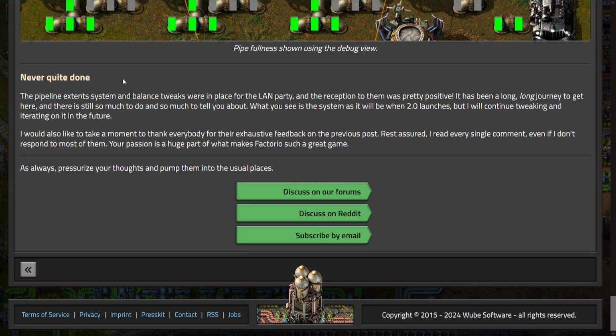It has been a long journey to get here, and there's still so much to do and so much to tell you about. What you see is the system as it will be when 2.0 launches, but I will continue tweaking and iterating on it in the future, says Raygard.